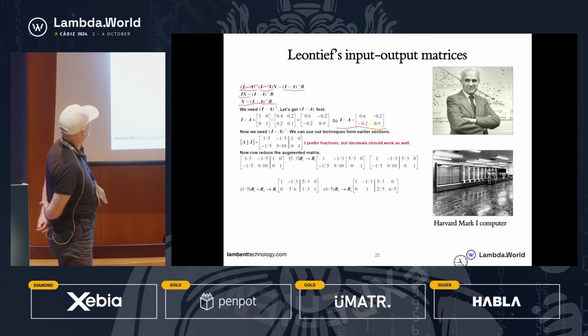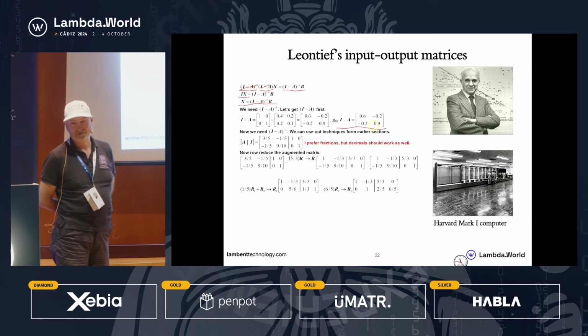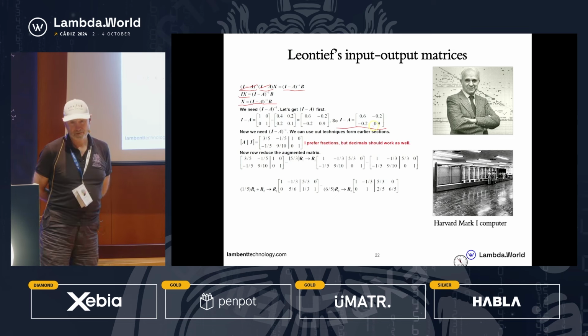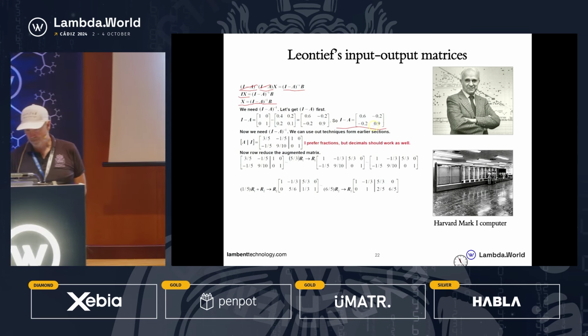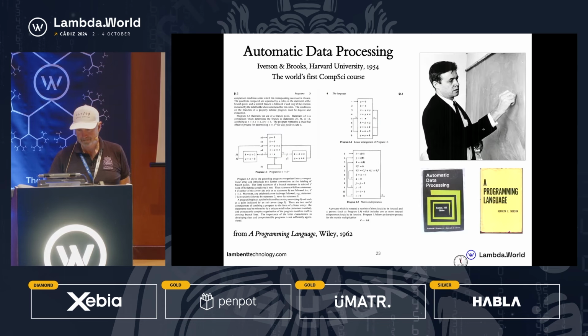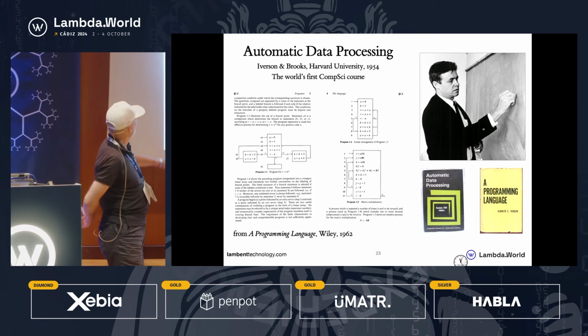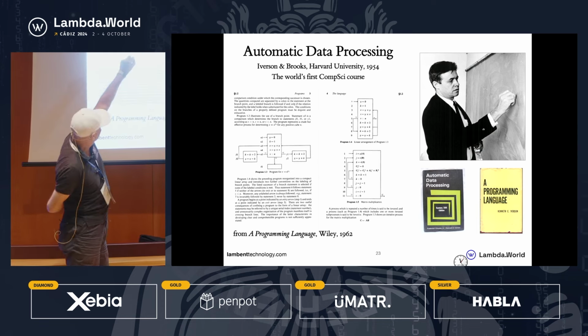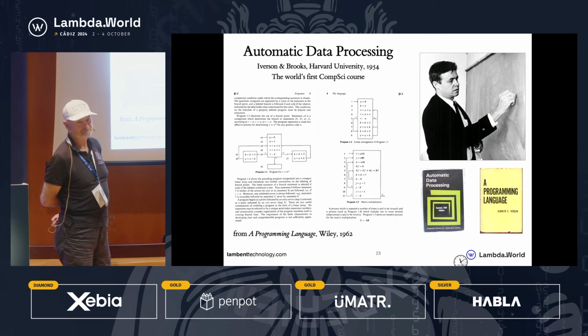So this is an extract from a modern text on the input-output matrices. Ken's job was to make this into something that could be computed. And we can see here an early form of his notation, complete with little arrows for branches.